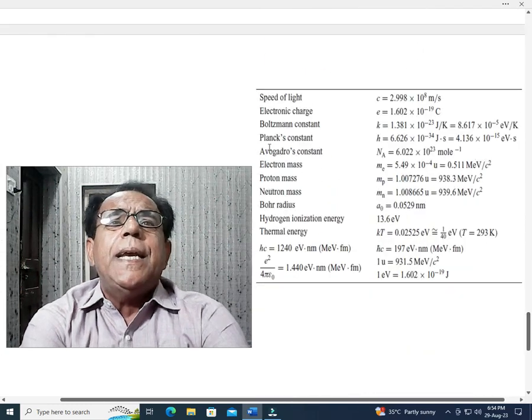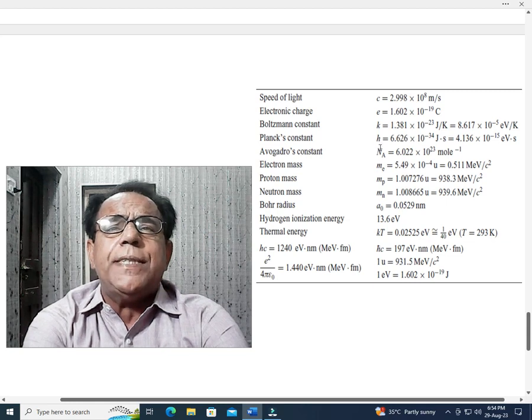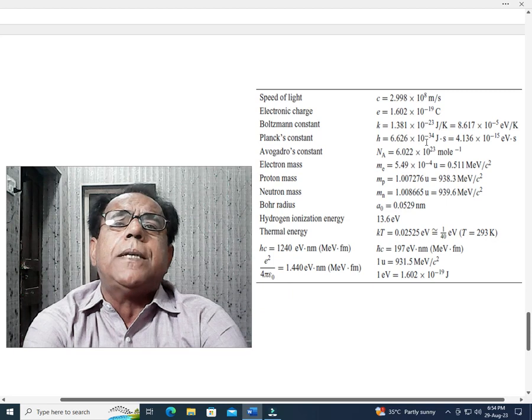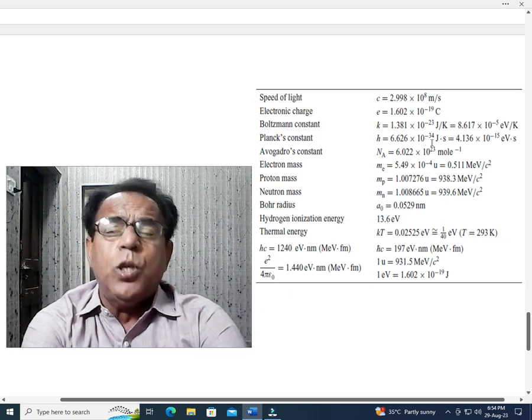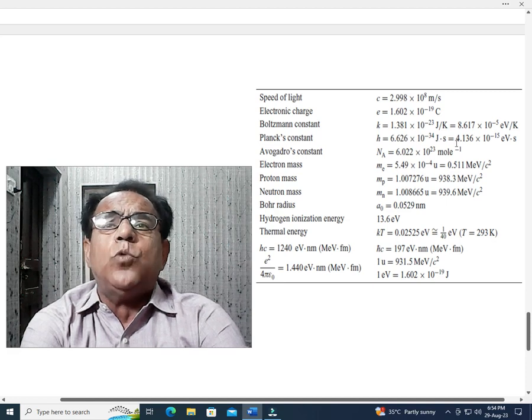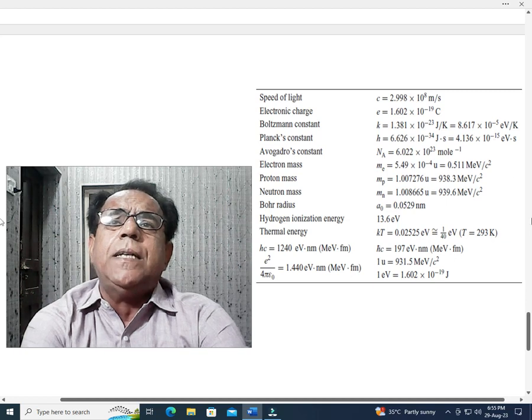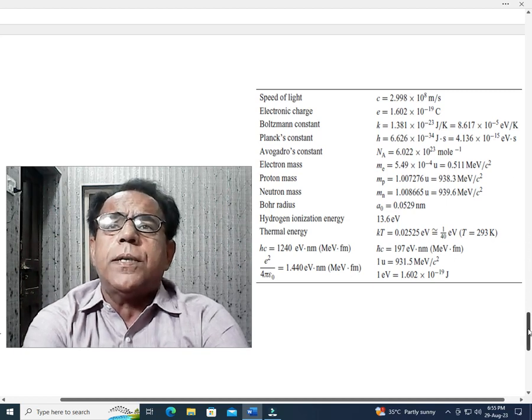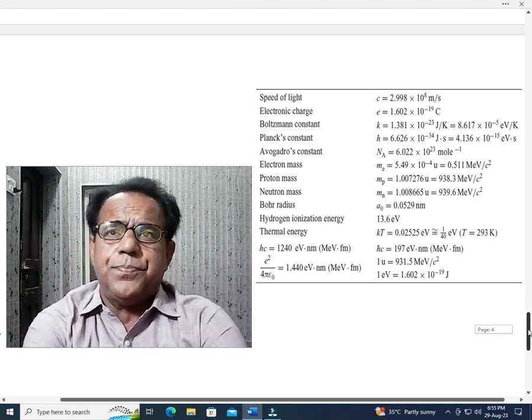Here Planck's constant h is equal to 6.626 into 10 raised to the power minus 34 joule second, and this is alternatively equal to 4.136 into 10 raised to the power minus 15 electron volt second.